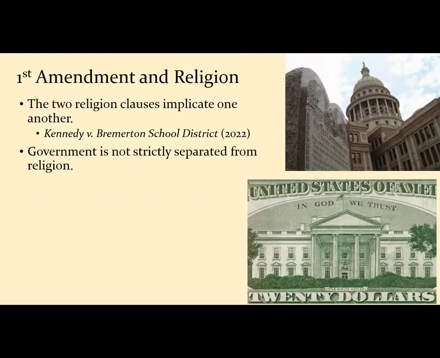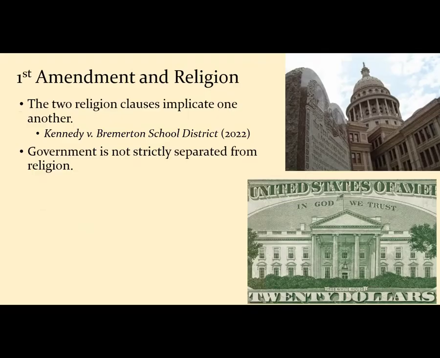Religion has always played a role in American society. And so it's kind of up to the courts to decide whether this sort of blending of religion and government gets to the point of coercion. When it gets to the point of coercion, then we have a problem. We have a violation of the First Amendment. But it is a tricky, tricky situation.